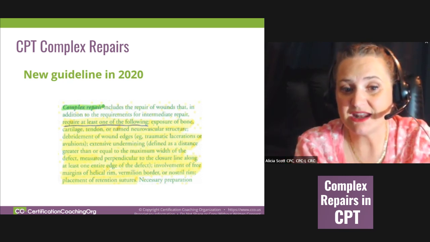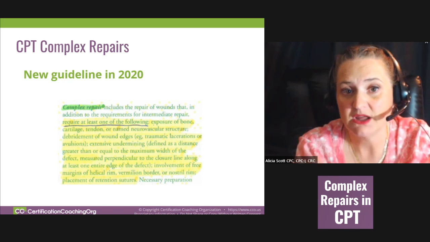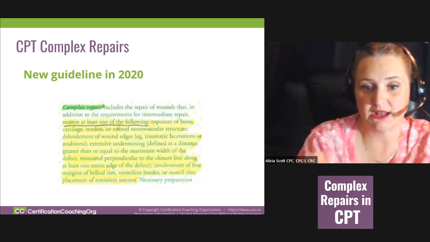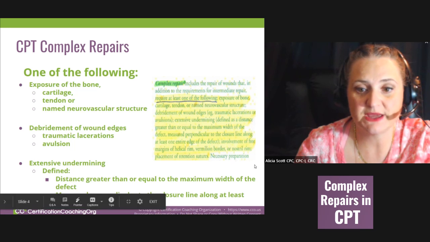So we need at least one of the following for it to be considered a complex repair. So that has to be documented. Now let's go ahead and look at those on an individual basis.